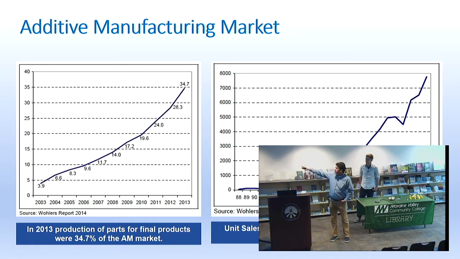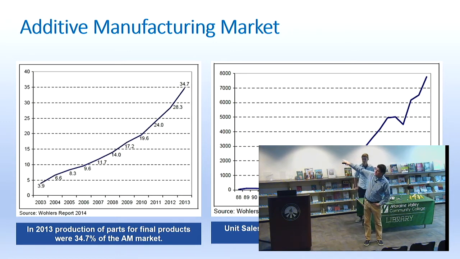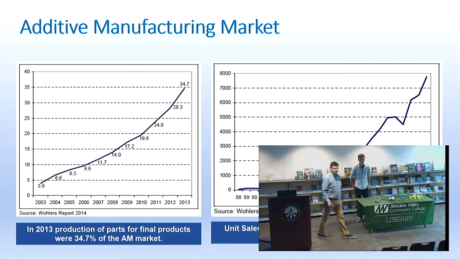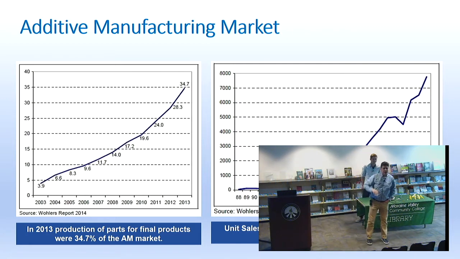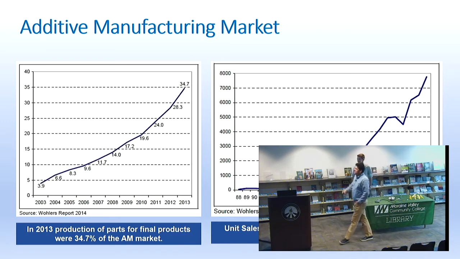And if we look at sales estimates of industrial machines for additive manufacturing, again, in the 2013 report, we're up to nearly 8,000 machines. And again, I assure you that that trend has continued up. You might see a little blip right here, of course, around the 2008 time period, and I'm sure you know what that is. That was the market correction. So that's why we have a little downward trend, but it continued back up again.